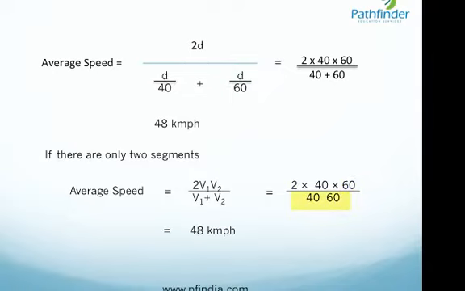Again, if we calculate, we'll get 48 km per hour as the average speed. But remember, the above formula is applicable only in the special case that there are only two segments as we had in this question, and both the segments are of equal distance. If these two conditions do not apply, then the formula will not hold true.